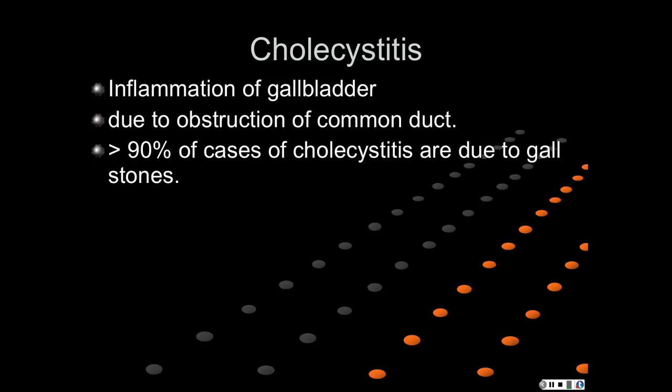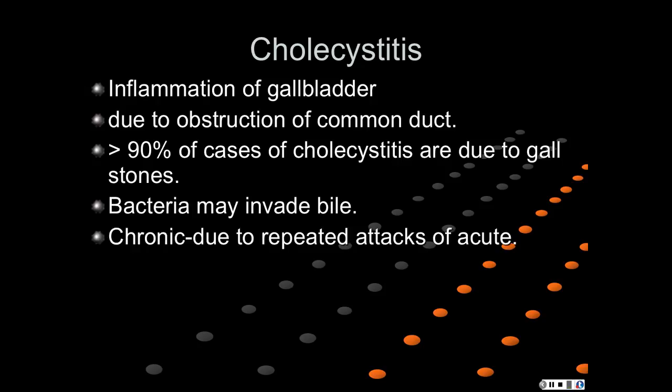Inflammation is cholecystitis, and is due to obstruction of the common bile duct. 90% of cases are due to gallstones. Bacteria may invade the bile and cause an inflammation, and then chronic is usually due to repeated attacks of acute.